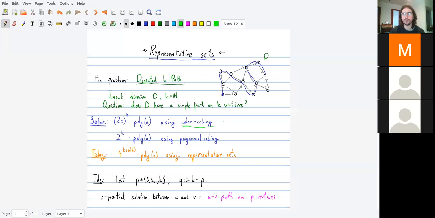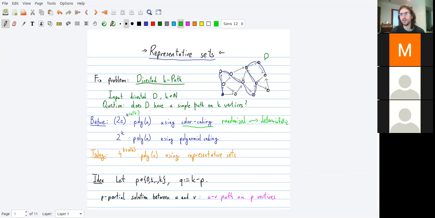A priori it was a randomized algorithm, because we sampled the coloring and then looked for a path, and the path was there with high probability. But we eventually managed to get a deterministic algorithm using splitters or universal hash functions. There was something that we needed to pay for the derandomization, so we added plus small o of k.